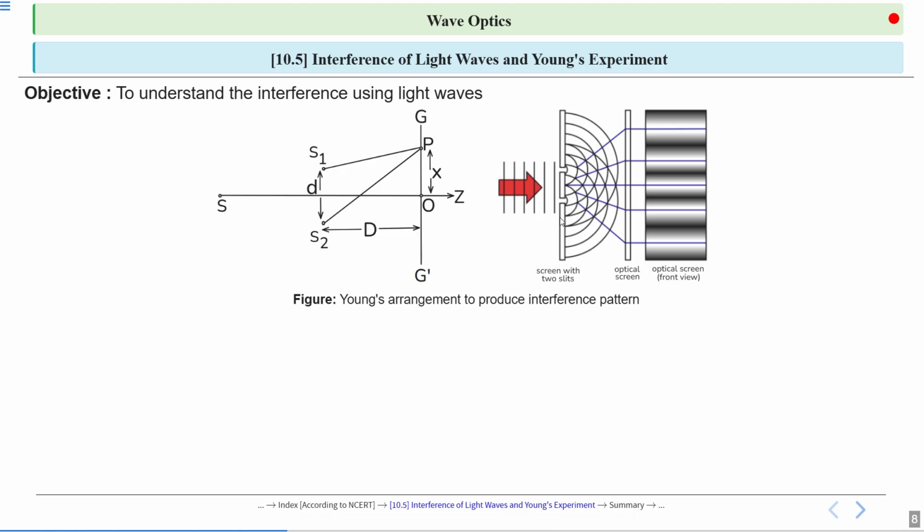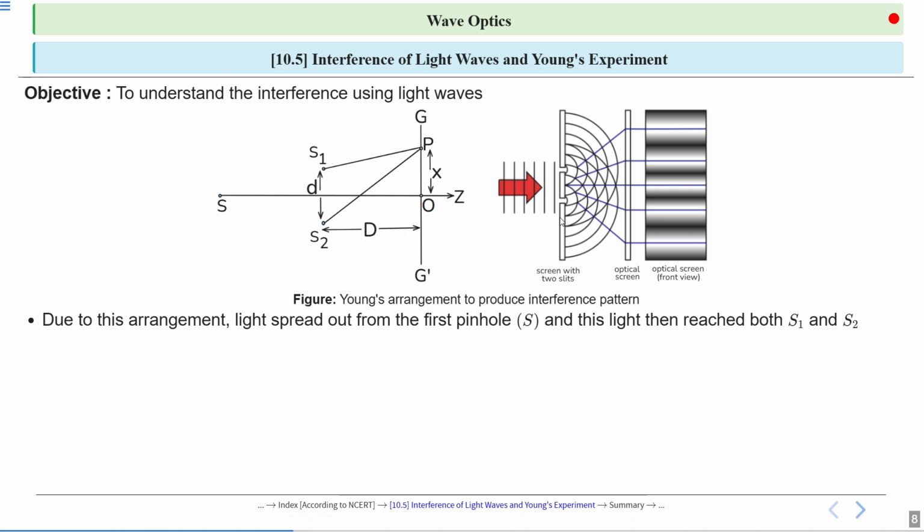At any point on the screen, the phase difference between the waves originating from the S1 and S2 slits is constant, or zero in the case of the central maxima. We will discuss it. In the optical screen front view, you can see alternating bright and dark fringes.